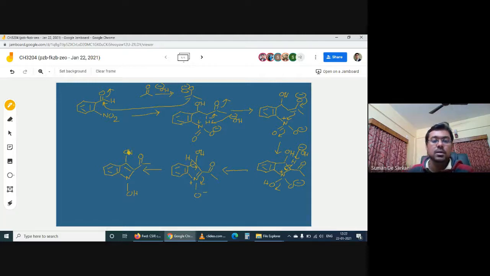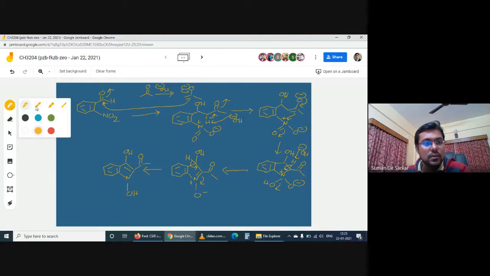Okay. So now you see, this is an enol ether now. Sorry, enol here now, not ether, enol. So enols are not that stable. So rather, it prefers to stay as the other tautomer, that is the keto form. So it will just tautomerize. Better to give a reversible sign.